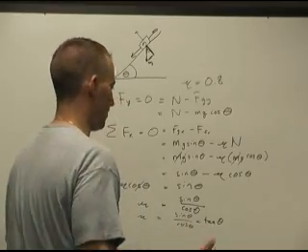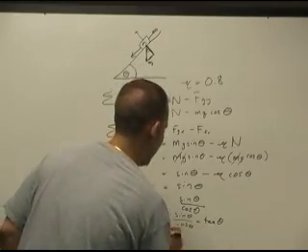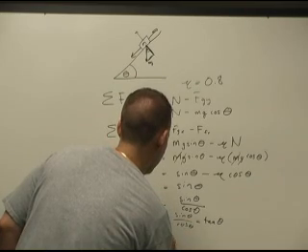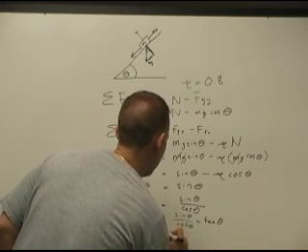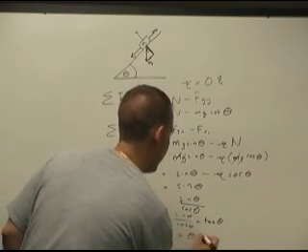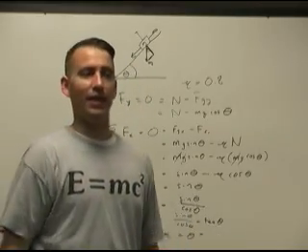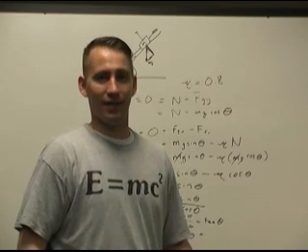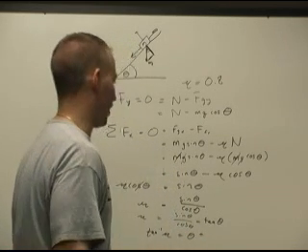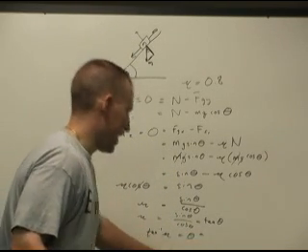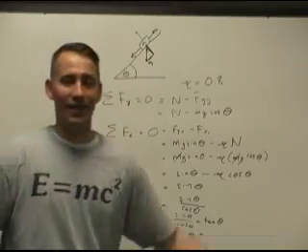So you just need to do a calculation on that: inverse tangent of mu is equal to theta. Just plug it in, it's some decimal, but you can always approximate. So that's the angle theta that you need to get that block moving.